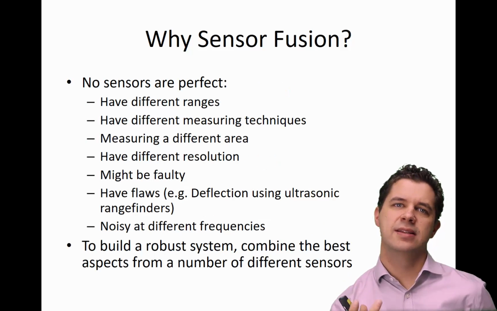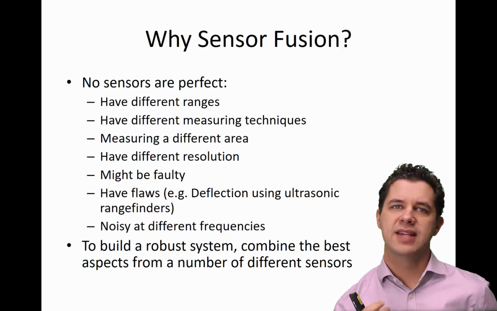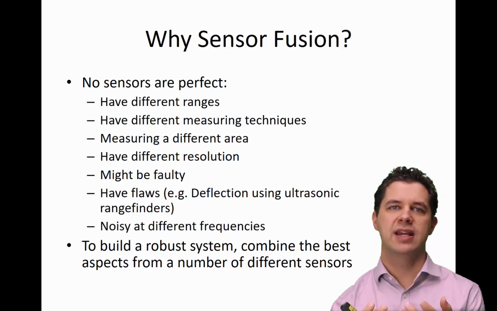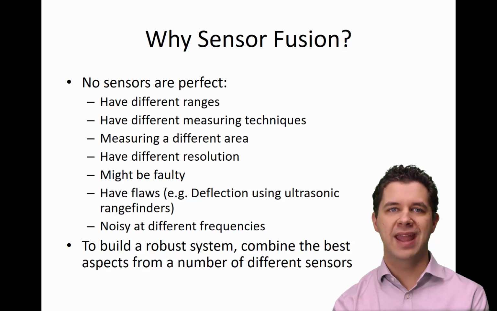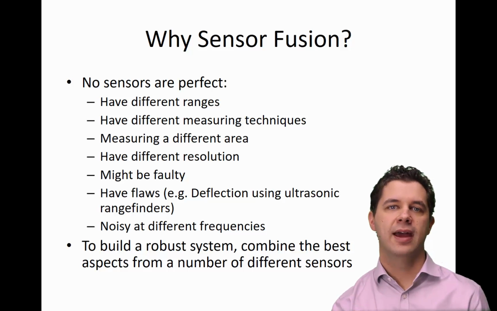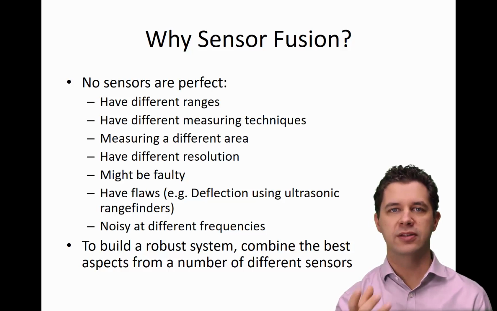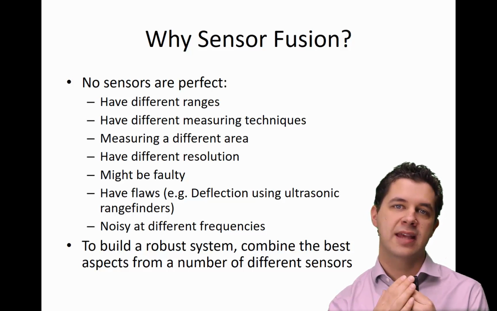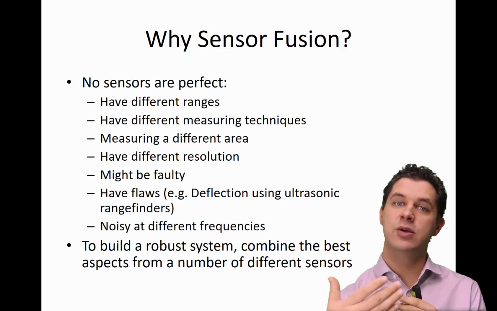But no sensors are perfect. Sensors have different ranges, different operating constraints, different measuring techniques. They measure over different areas and have different resolutions. The sensor might be faulty, it might be temporarily faulty. They have flaws. For example, the reflections using ultrasonic sensors, or, for example, our laser range finders, which need to actually reflect light.